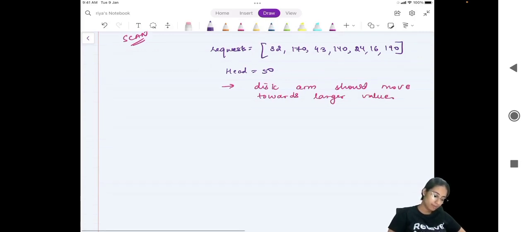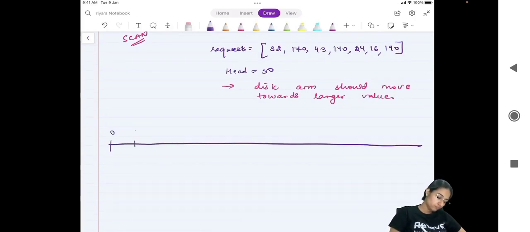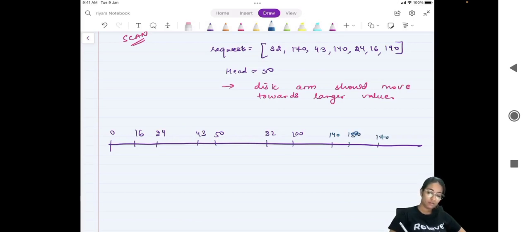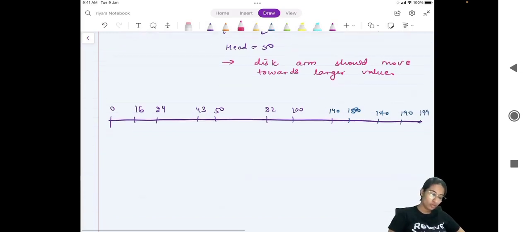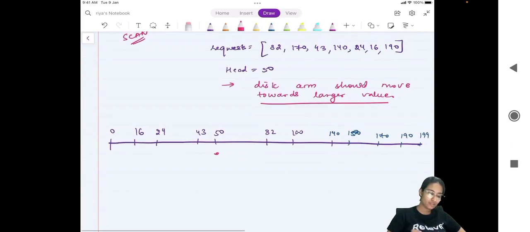Okay, let's take an example. So what we do is we start, and here we have to move towards the largest value first. You can choose the other one also, or if it is given, then you can choose that one.